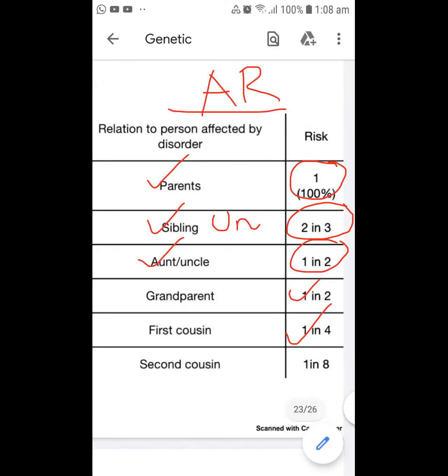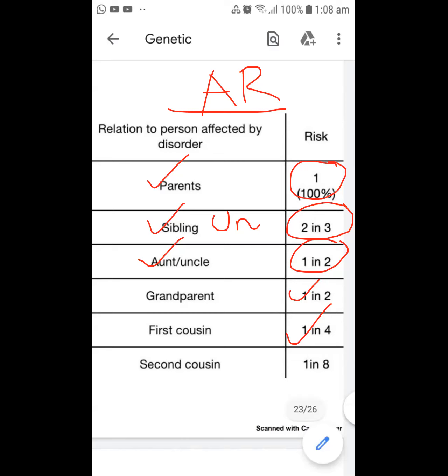If you have a first cousin, like the son or daughter from your father's brother or your aunt, and they are affected by an autosomal recessive disorder, then you can be a carrier.